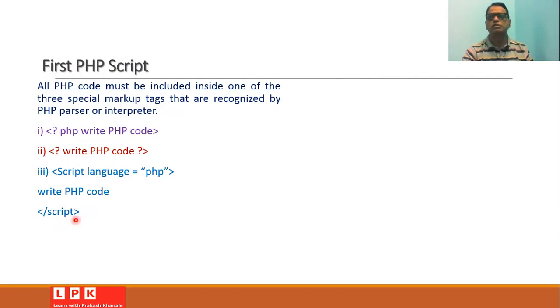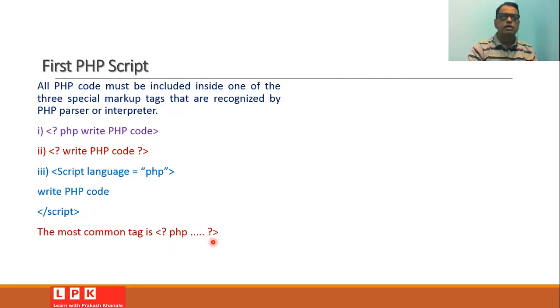So these are the three ways. By making use of any one of these ways, you can write the PHP script. The most popular type of writing PHP code is the second one, where we make use of less than question mark followed by the PHP code, and then again the question mark and greater than symbol.